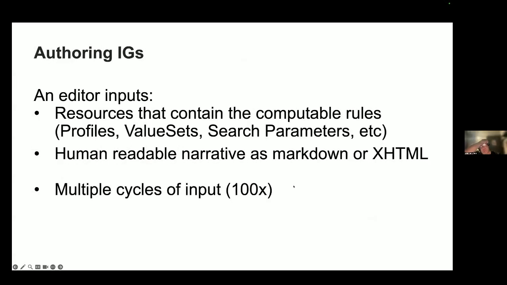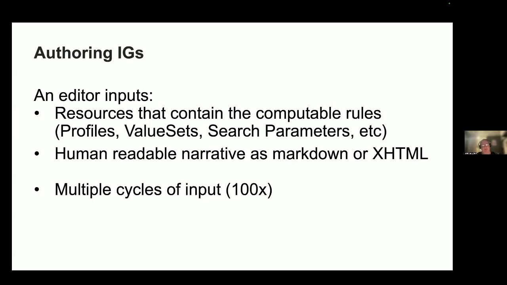Now, it builds these things by writing all the resources by hand with some kind of tooling assistance. Then the resources contain all the computable rules that everybody's going to make use of for code generation or validation or whatever. And then they author the narrative for humans to read. They author fragments of that as Markdown or as XHTML.